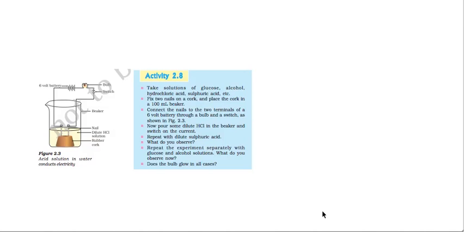You will observe that in case of acids and bases, the bulb will glow, which means that the circuit is complete and the electricity flows through the solution as well as through the wires that we have connected. So how is electricity flowing through the solution? There must be something in the solution which conducts the electricity. Now what are these? These are the various ions which are present.